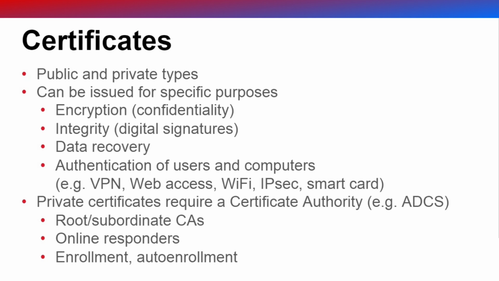We're not going to get into all the details of certificates here. It's a very complex subject. But we do have something called Active Directory Certificate Services, whereby we can set up a private certificate authority. We can generate our own certificates, basically. And that architecture is going to consist of root and subordinate certificate authorities. Those are servers that you're going to set up. There will be online responders, which are servers that reply to requests from connecting devices that say, hey, I want to check whether a particular certificate has been revoked, or has expired, or is still valid.